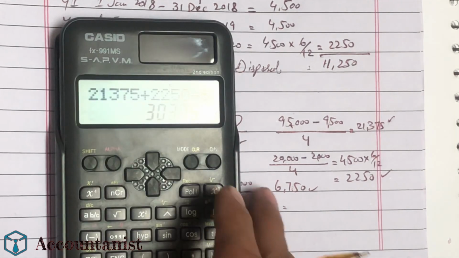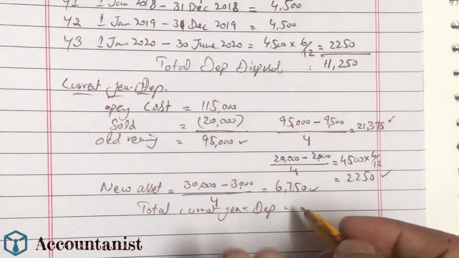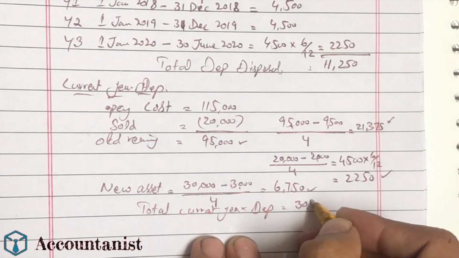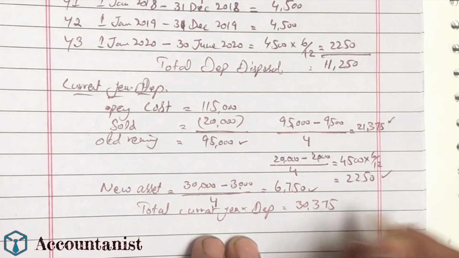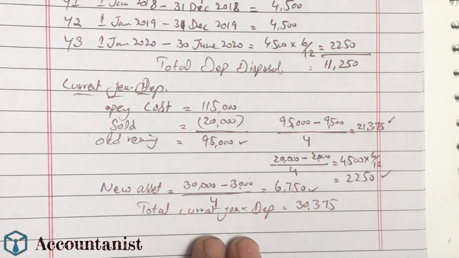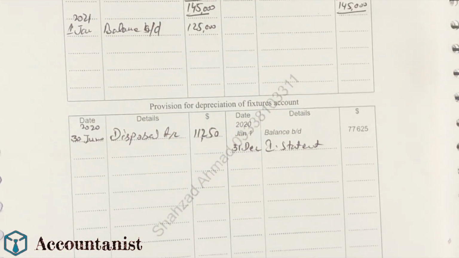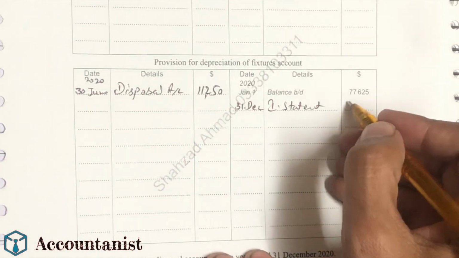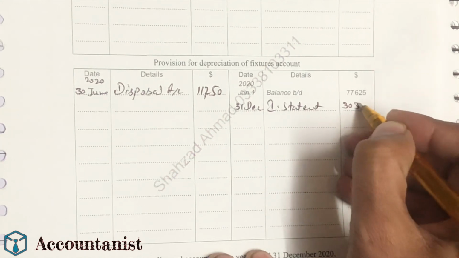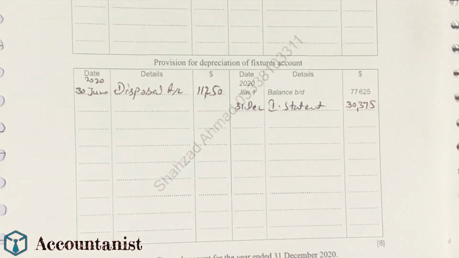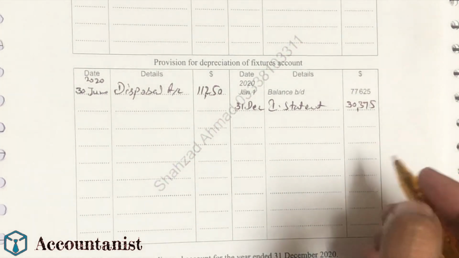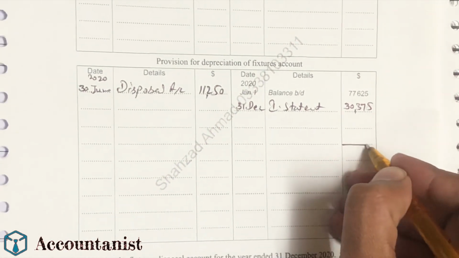So 30,375 will be the total depreciation that we will charge into the income statement figure. So 30,375 will come up here. That's how we calculate the current year depreciation.